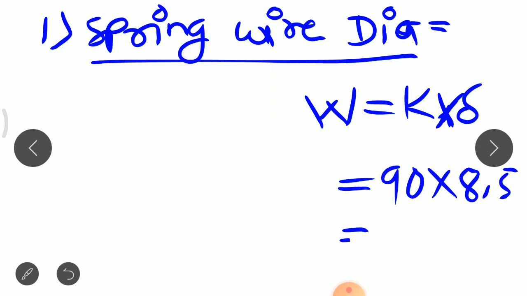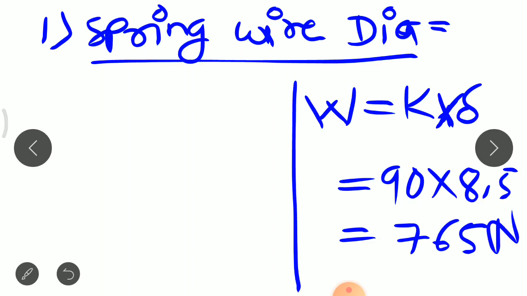So we will get the value of load W as 765 Newton. Okay, this is the value of W which is applied on the spring.